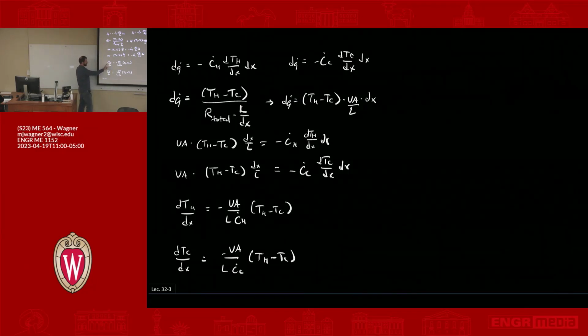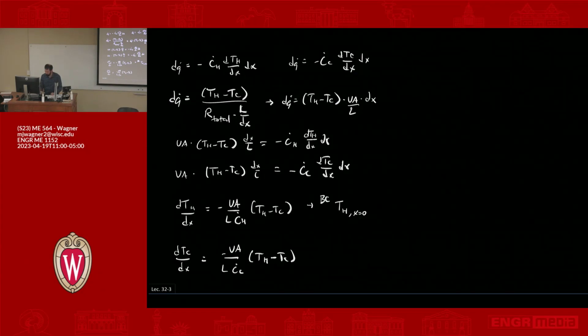the two flow streams. The boundary condition on the hot side could be a couple things. Typically, what you're going to know is the hot temperature coming in. If you're trying to predict the performance of a heat exchanger, usually you know what you're giving to the heat exchanger. So our boundary condition is TH at x equals 0.